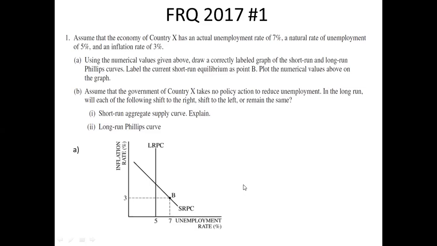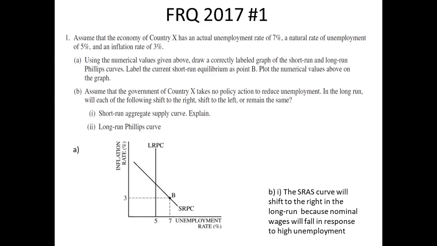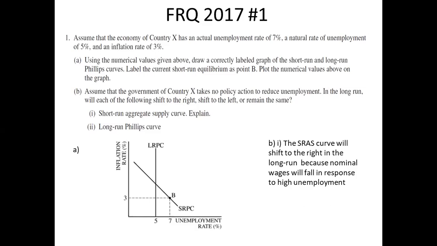Now, assume the government of country X takes no policy action to reduce unemployment. In the long run, will each of the following shift to the right, shift to the left, or remain the same? Short run aggregate supply curve, explain. The short run aggregate supply curve will shift to the right in the long run because nominal wages will fall in response to high unemployment. This is similar to the last question. We are in a recession, and we are assuming that the recession is caused by aggregate demand having shifted to the left.